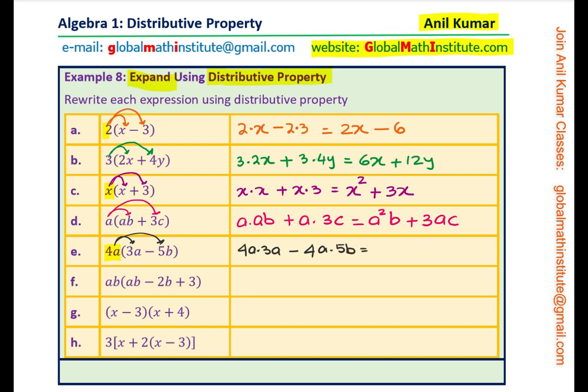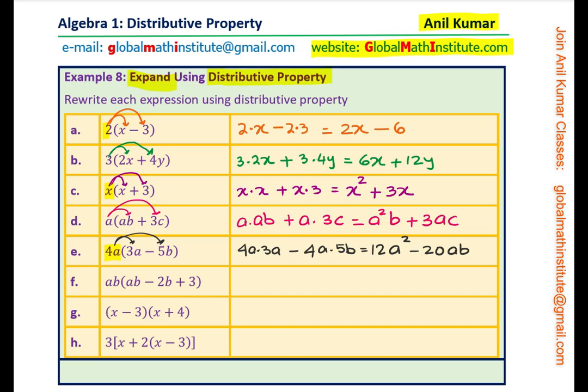Now 4 times 3 is 12, and a times a is a squared. Minus 4 times 5 is 20, and a times b is ab. When you write the numbers and the numerals, no need to write a multiplication sign in between.